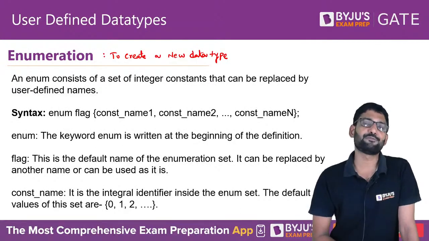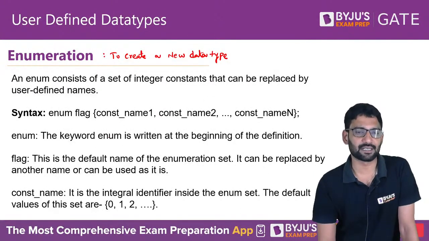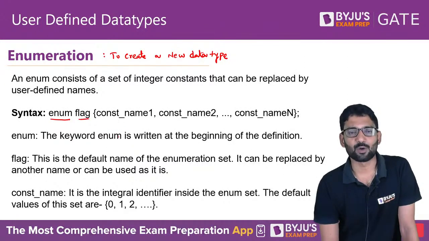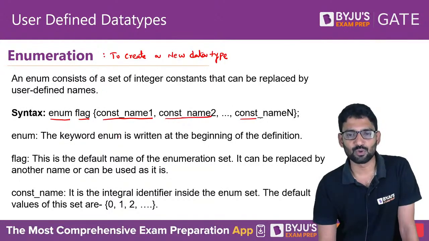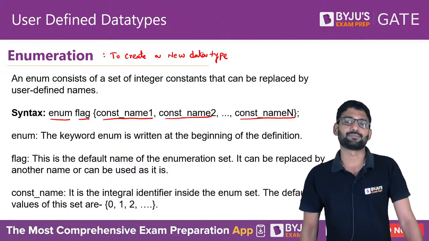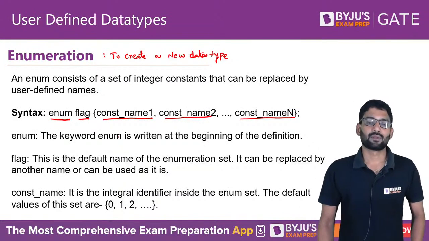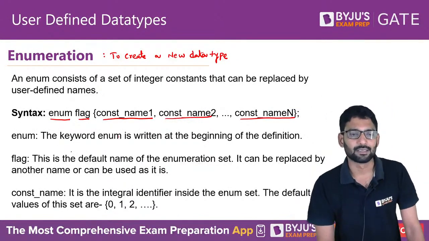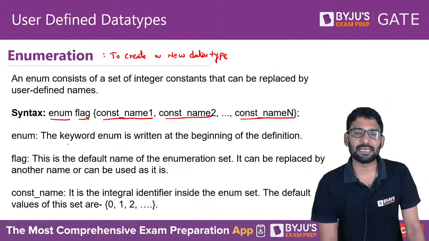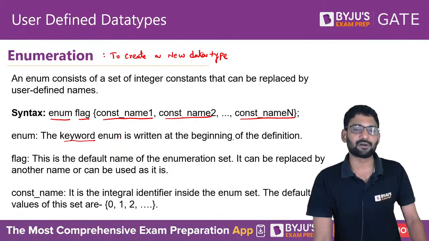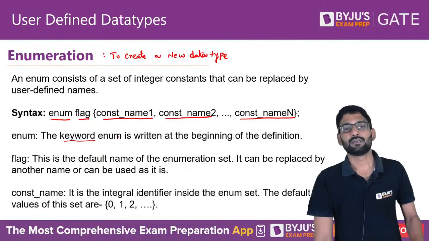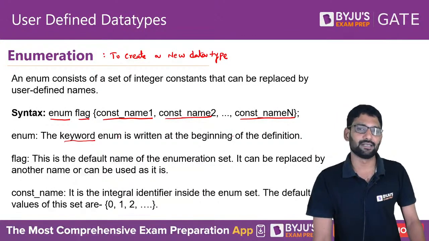How do you define this enumerated data type? Look at this syntax: enum flag of const name1, name2, so on to name n. Here enum is the keyword which is used to define the enumerated data type.